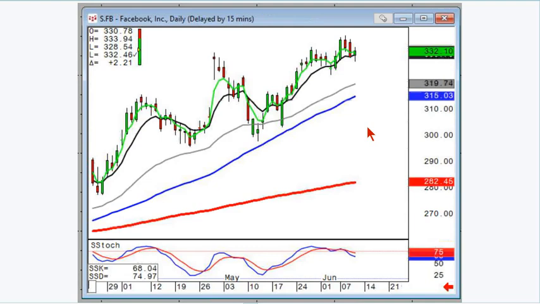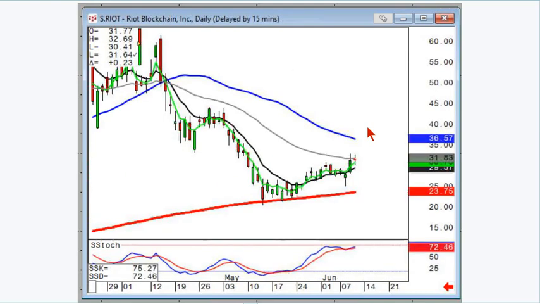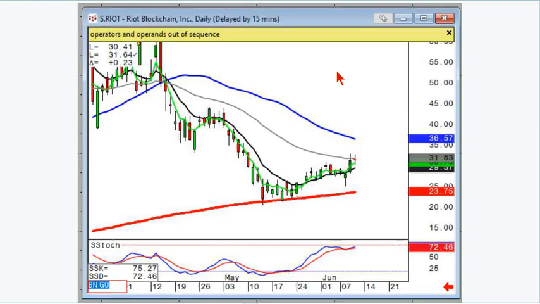Facebook, all you can do with this is stay long. If it stays above the T-line, it's just not a good trader. But if you like it, make sure it just stays above the T-line. Riot, still long. You can still be buying this one on positive trading. Bingo, I think, lost its luster.